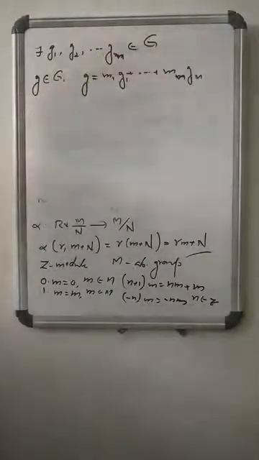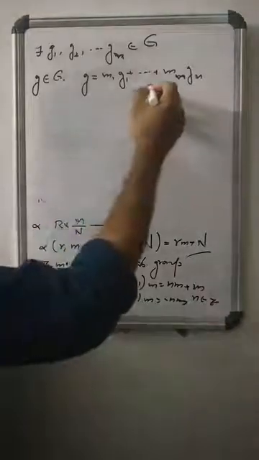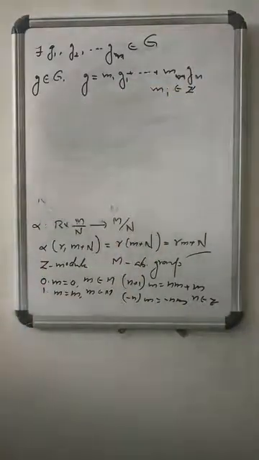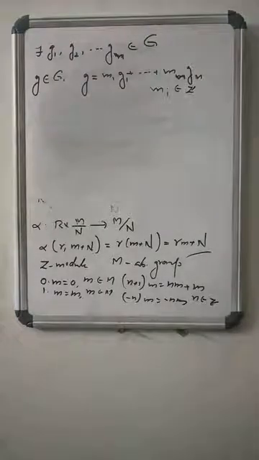Then G is said to be finitely generated by g1, g2, etc., gn, where the mi's are integers. So a group G is finitely generated if any element in G can be expressed as a linear combination of these gi's.